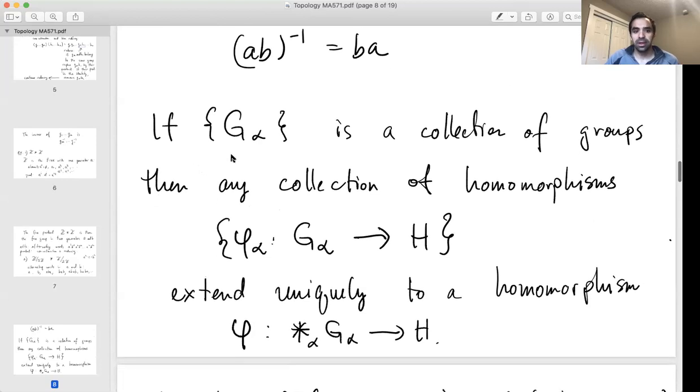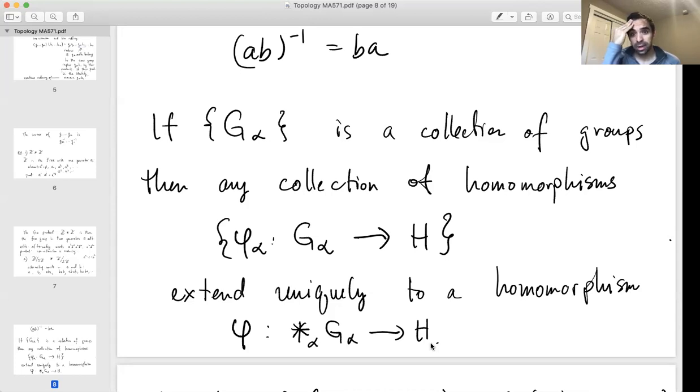It says the following: if I have a collection of groups G alpha, and a collection of homomorphisms of groups, for each alpha a phi alpha from G alpha to some fixed H, then I can put all of these together in a unique way to obtain a homomorphism from the free product of the G alphas to H. Is that clear?